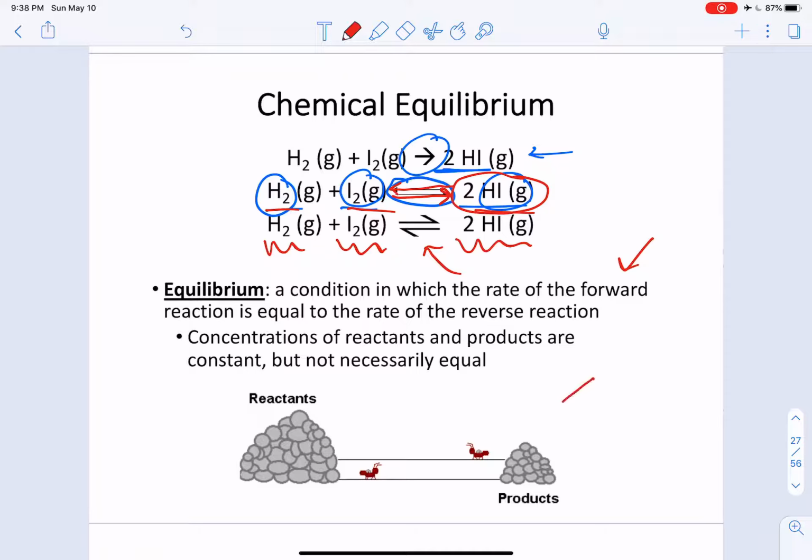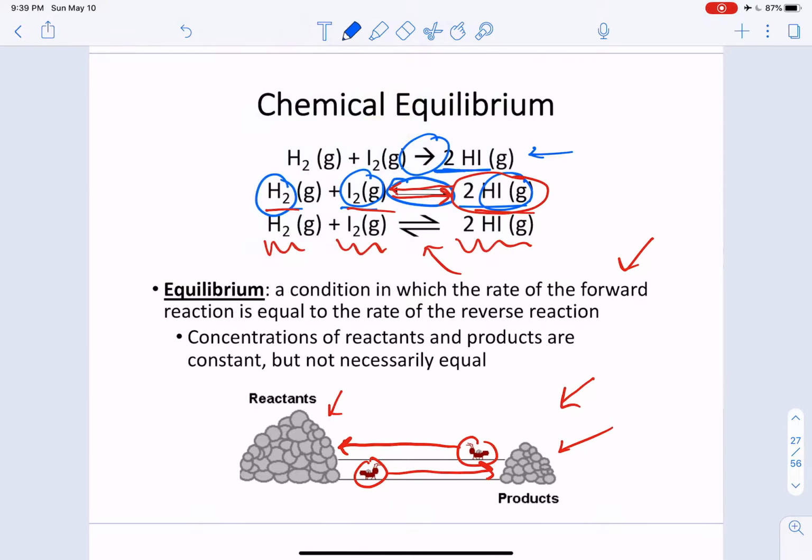So the little ants down here are showing you that once we reach equilibrium, we have a certain concentration of reactants and we have a certain concentration of products. And if we make some products at the exact same rate, we're going to make those reactants in order to keep those concentrations constant.